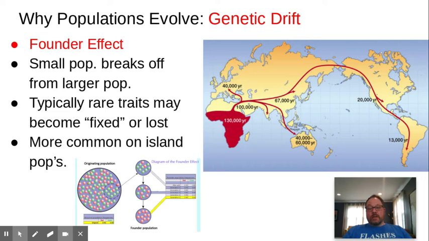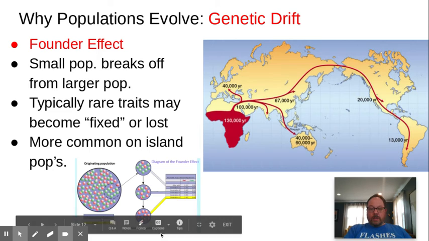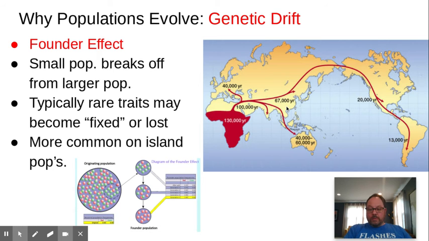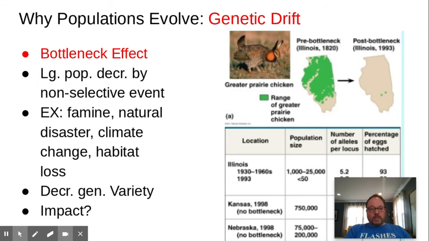You can have substantial changes that occur in the population just because of who happened to be in the group that survived. So again, we've had migrations of humans spreading around the world, and it can be in small bands of people. That's fascinating. And on the reverse, rather than the founder effect, where you have a small group branch out, you can also have what are referred to as bottleneck events.